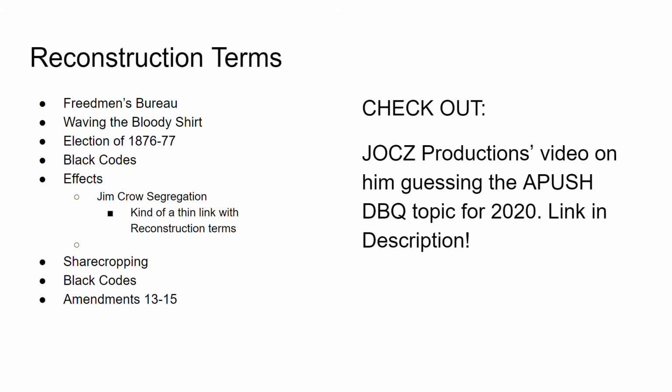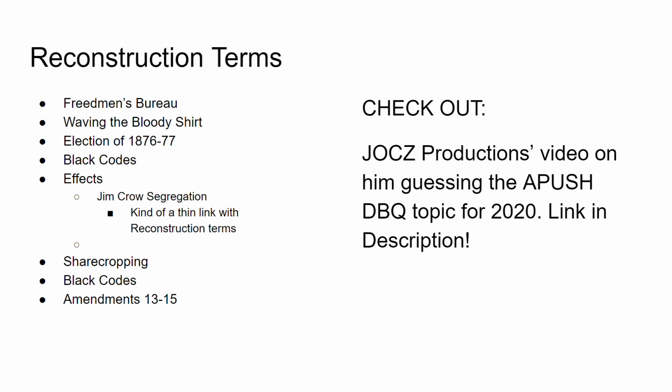We could also bring in Plessy v. Ferguson, segregation in train cars. At this time, there were no cars, as far as I remember. But we have Plessy v. Ferguson, which legalizes Jim Crow segregation, as I mentioned earlier. You can see it on the slide. And it also brings out the idea of separate but equal.